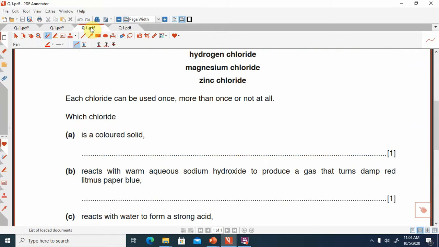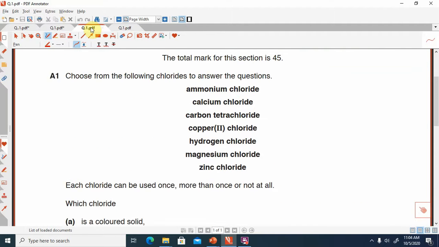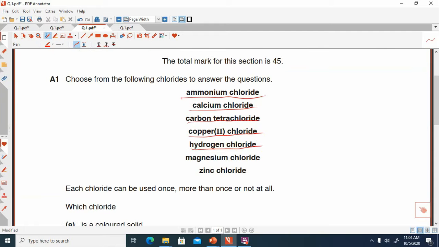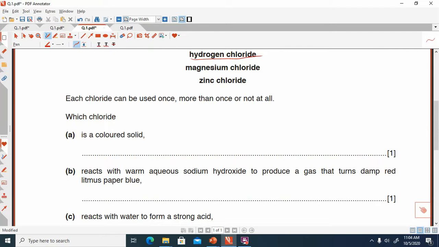Okay, these are the words: ammonium chloride, calcium chloride, carbon tetrachloride, copper 2 chloride, hydrogen chloride, magnesium and zinc chloride. Now the question is that from the above chlorides, which chloride is a colored solid?